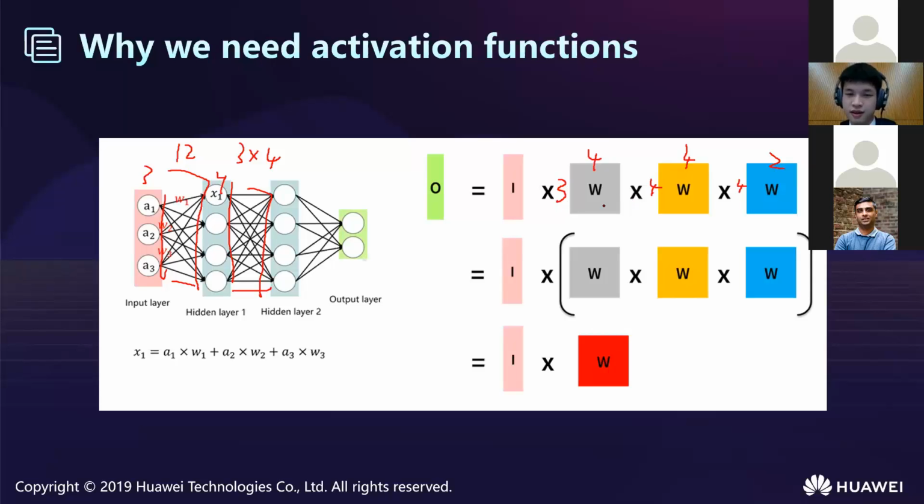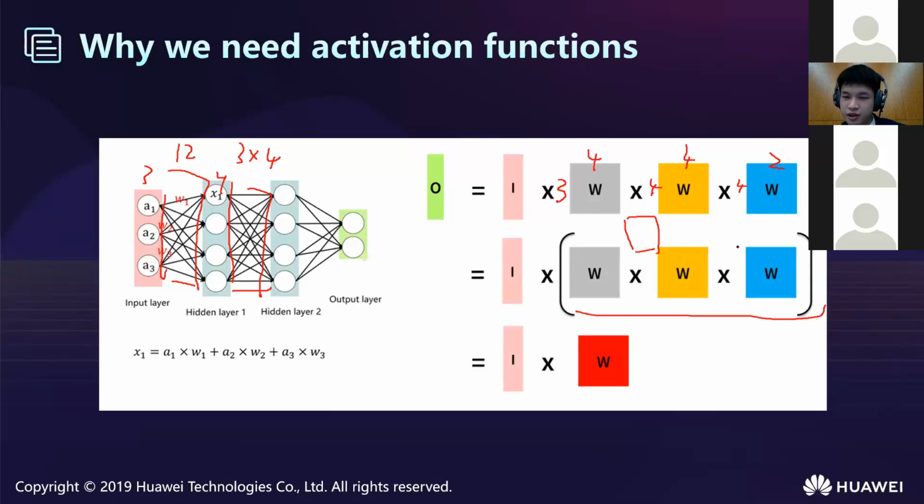Okay, so when we multiply, we can multiply these matrices and then multiply the vector. A matrix multiplied by another matrix gives a new matrix.